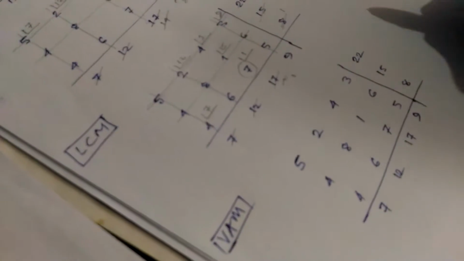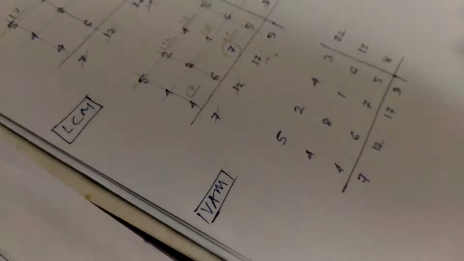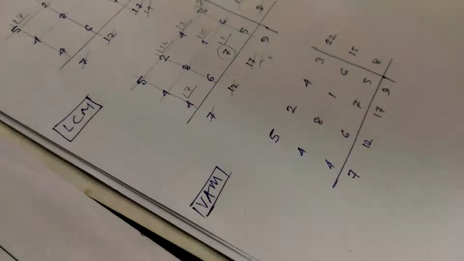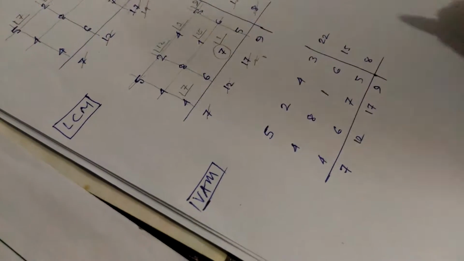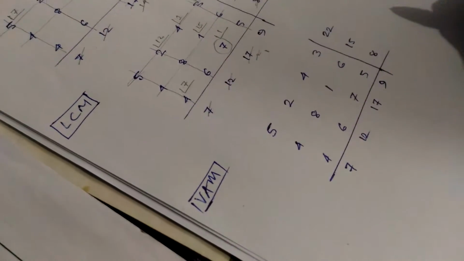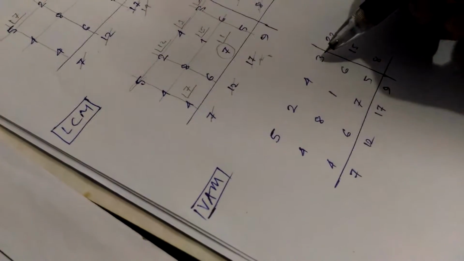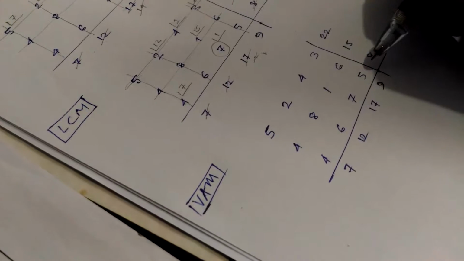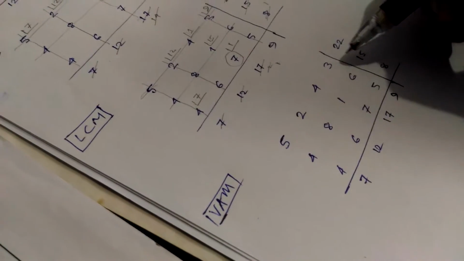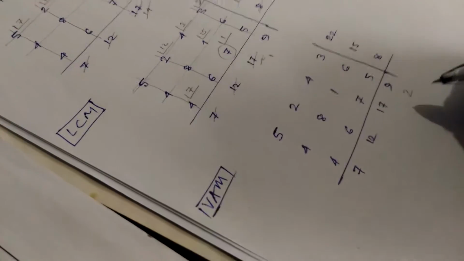In this case, if we go column wise, so in this column the lowest values are 5 and 3, so the difference between 5 and 3 is 2, right, here 2.